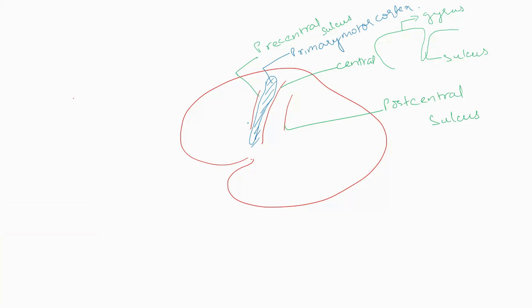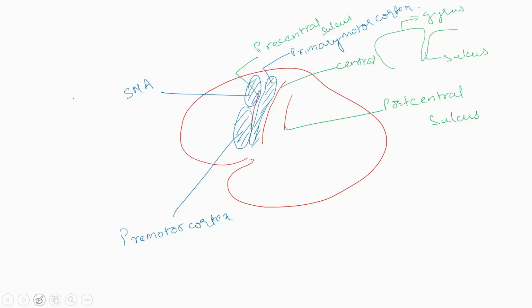In front of the primary motor cortex is another area concerned with motor fibers, located laterally, which we call the premotor cortex. If I go towards the medial side, there is another area also concerned with motor function, which we call the supplementary motor area.